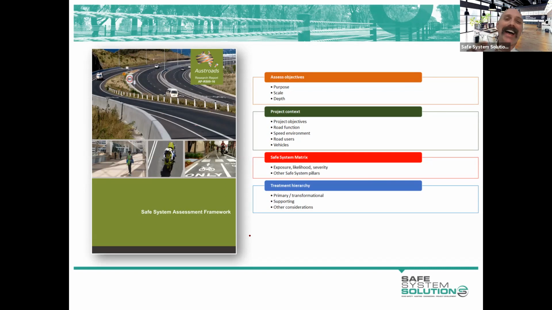So that was where we could all see that this was something people wanted clarity around. And then in my early days with Safe System Solutions, we started doing a thing called a safe system audit. The reason we did that was because everybody was happy with the road safety audit process and integrating that into projects and the like, and you wanted to leverage off that and run with it.